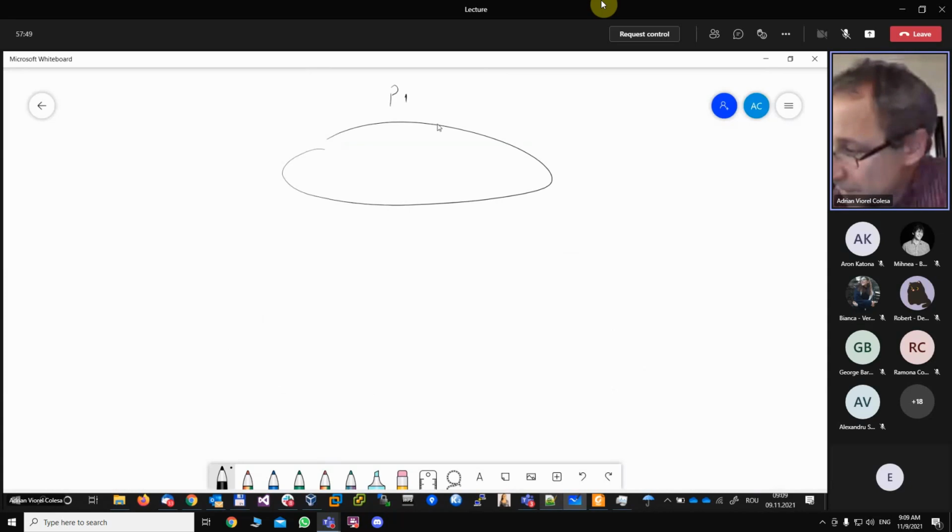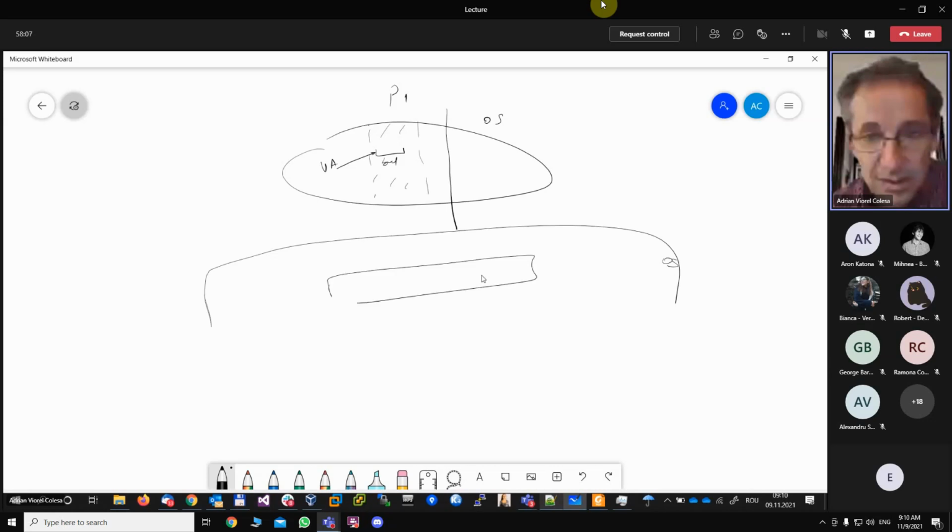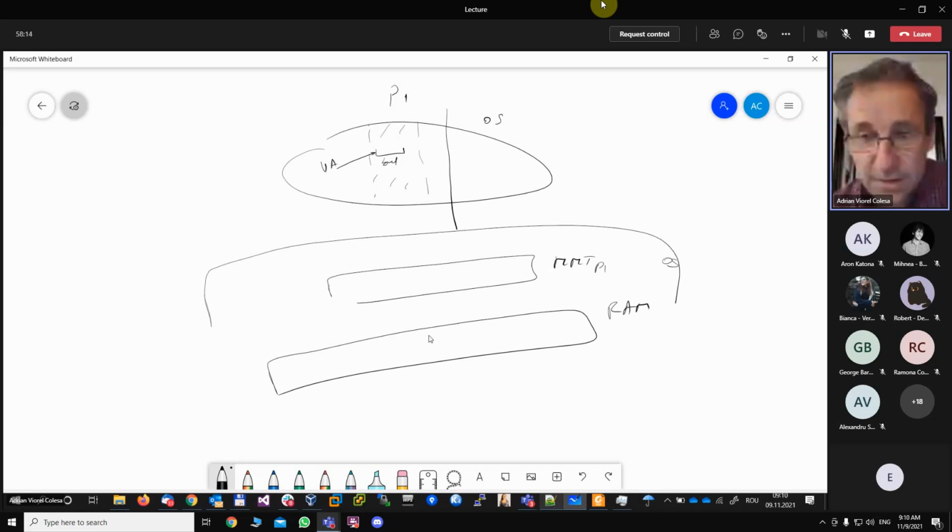So we have that process. Let me separate the two parts. We have a virtual address which points somewhere here to a buffer which is mapped, so everything is fine. Here is the OS, and those are the memory mapping tables for this process. Here is the physical memory.